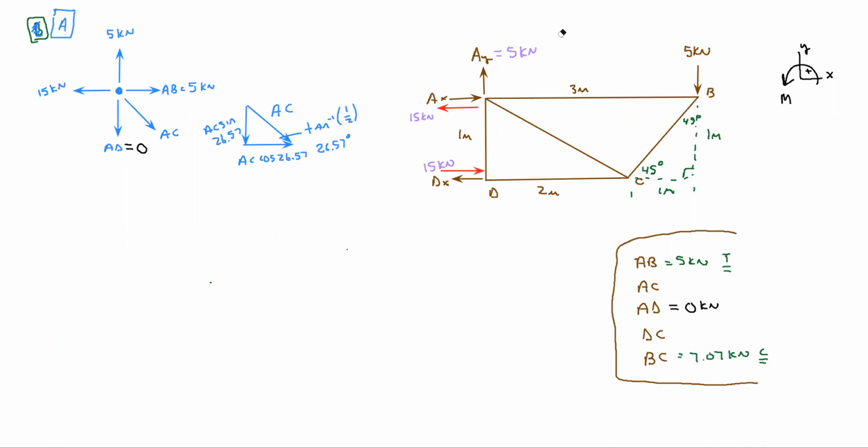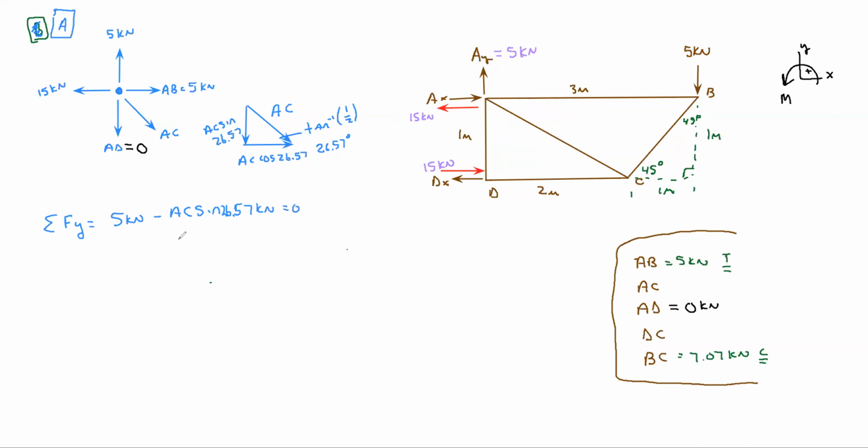All right, let's get to our calculations. I'm at point A now. I'm going to look at the summation of forces in the y direction, because there are only two. It's the 5 kilonewton force minus the y component of AC, which is AC sine 26.57, equal to 0.